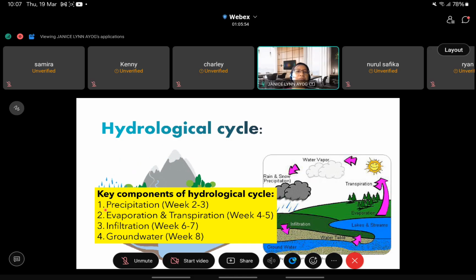We have precipitation, which we'll cover in weeks 2 and 3, supposed to be next week. Then evaporation and transpiration, then infiltration, and then groundwater. So that's your topics until week 8.